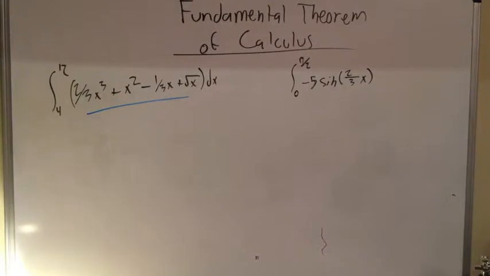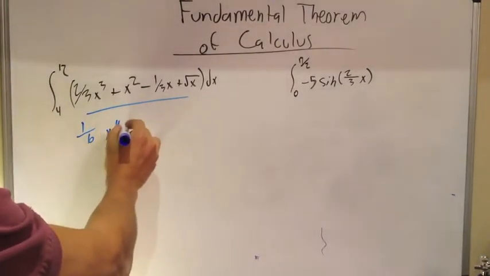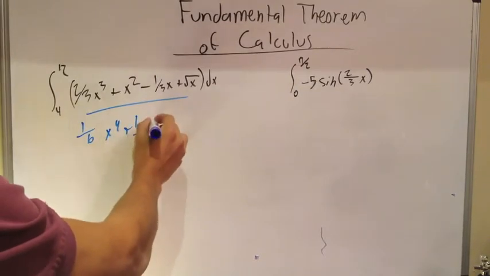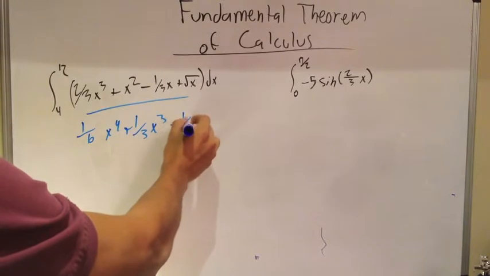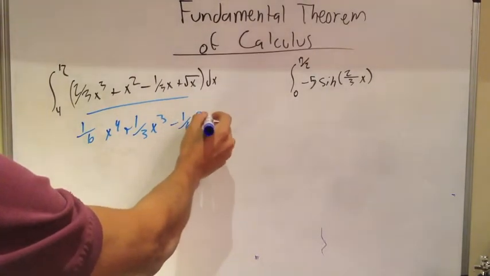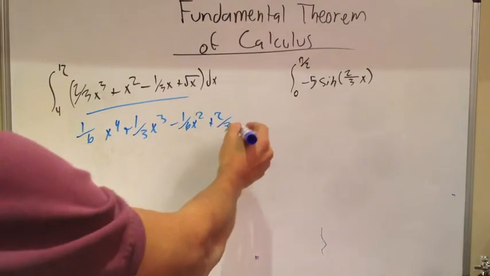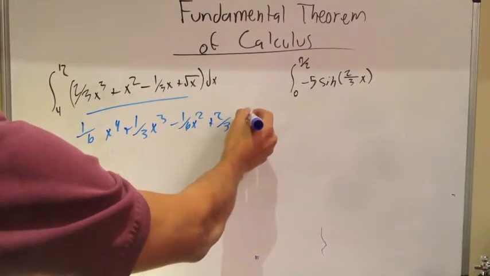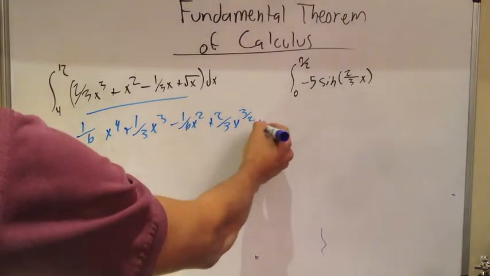By doing it, you get 1/6 x to the fourth plus 1/3 x cubed minus 1/6 x squared plus 2/3 x to the power of 3/2 plus c.